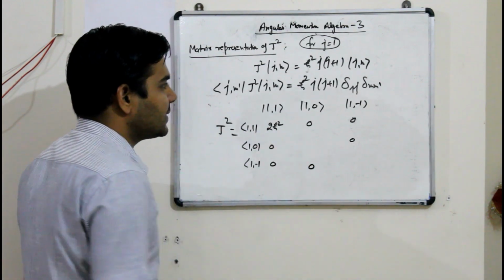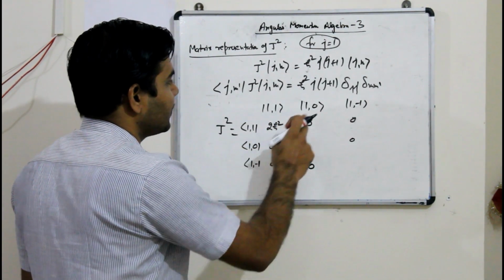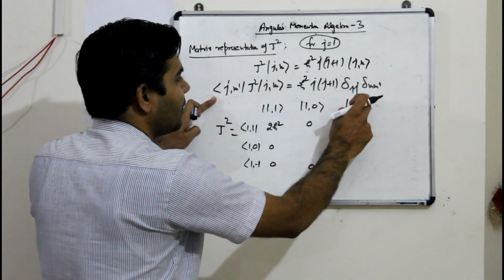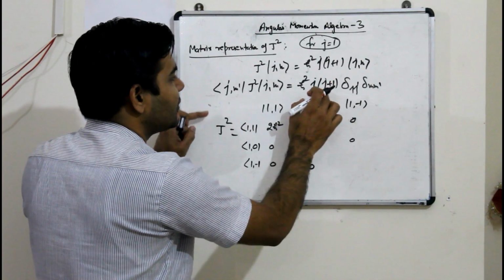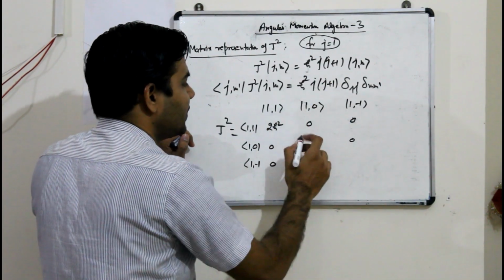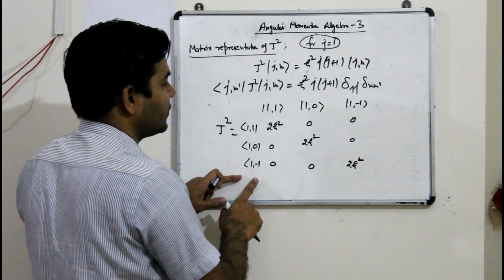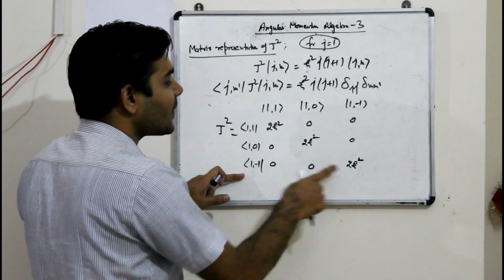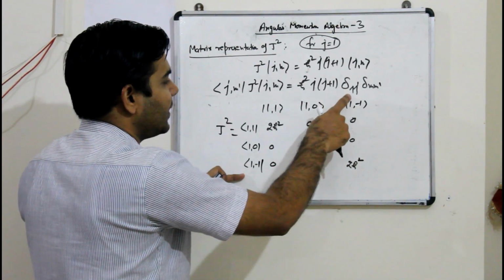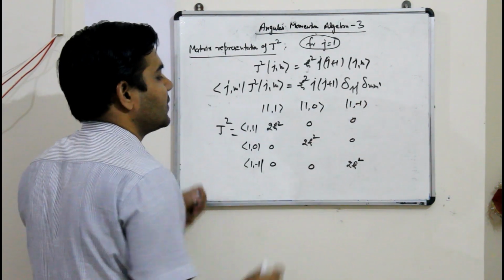While for the diagonal cases, there will be non-zero values, because both sides will have the same state: ⟨1,0| on the left, |1,0⟩ on the right. So, we will get delta 1,1 delta 0,0, and the value of j is 1 for all these elements. So, small j equal to 1, and the elements would again be 2ħ². Here also it will be 2ħ², because again j is 1, and for this particular case delta 1,1 delta minus 1, minus 1 is 1.